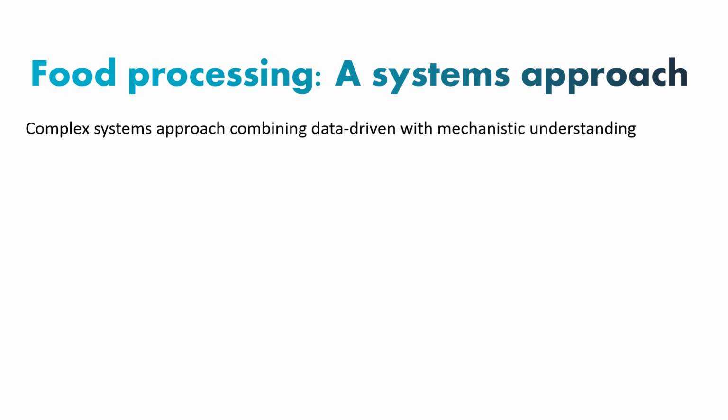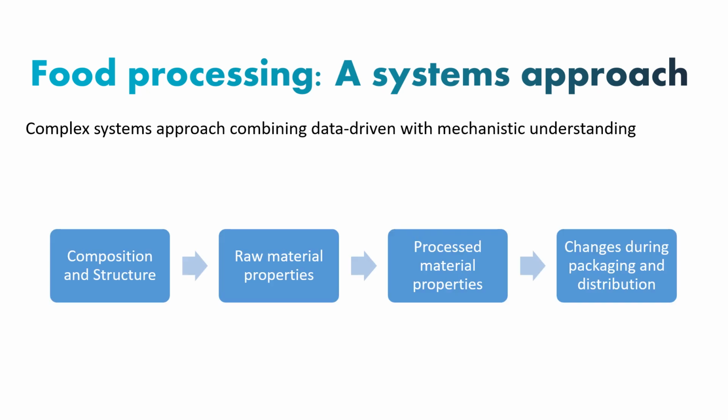For example, we could think of combining many aspects of food processing system. Food manufacturing encompasses procurement, processing, distribution, storage, and consumption. Another way we can look at it is food has different aspects, and that is continually changed, starting from raw material all the way to what's available during packaging and distribution and eventually consumption.